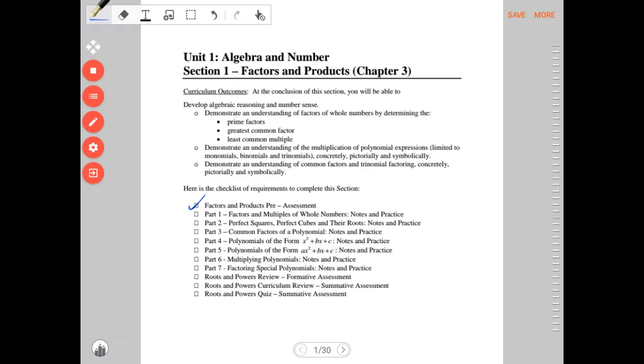After you're done the Part 7 video, there will be a chapter formative assessment, just an assignment for you to do. After you finish that one, there'll be a curriculum review, a last assignment that counts for marks. And then, of course, you will have a quiz called the summative assessment on just Chapter 3. All right, so let's get started.